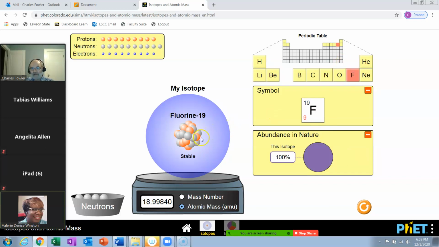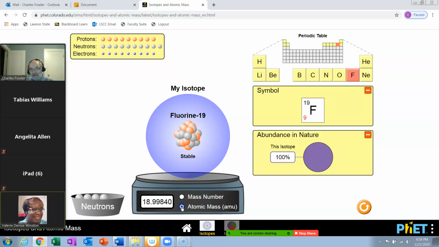Okay. Now fluorine, what's its number of protons? 9. What's its number of neutrons? 10. What's its number of electrons? 9. Is it stable? Yes, it is. Good deal. What's its mass number? 19.